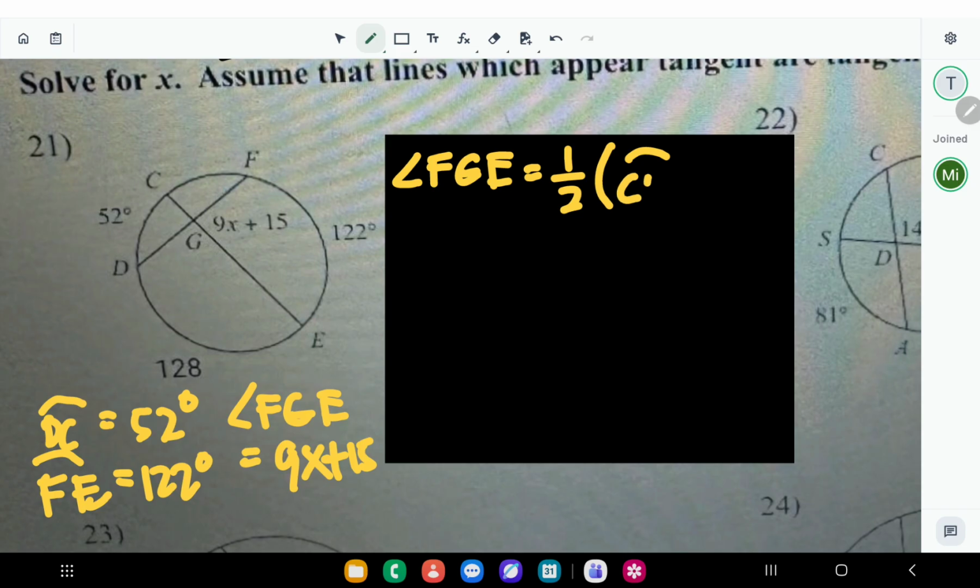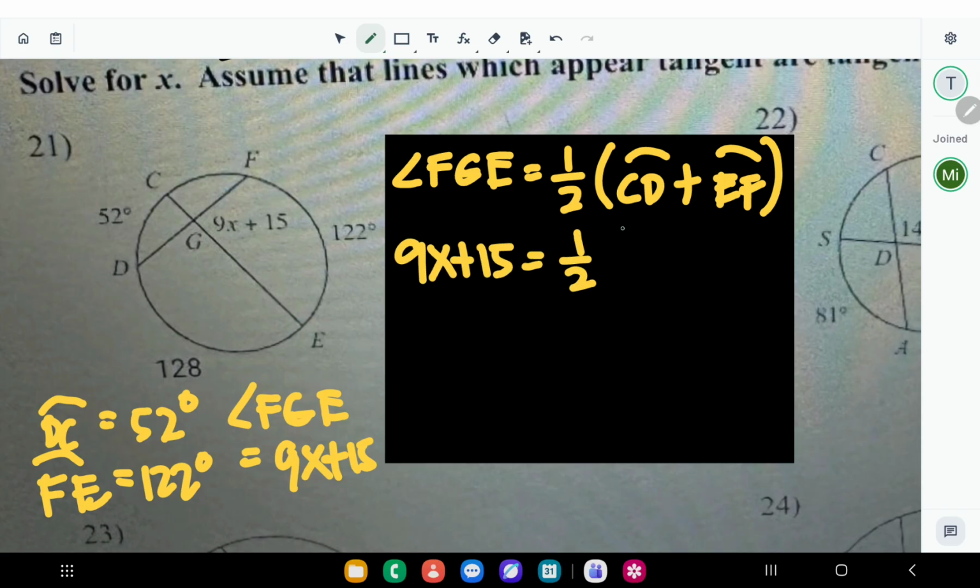So arc CD, or DC, plus arc FE, or EF. Then this is 9x plus 15. We just plug in everything: 1/2 times, what's CD? 52 degrees plus 122 degrees.